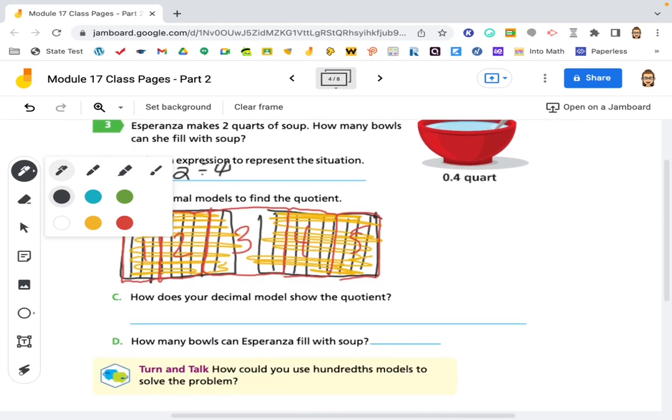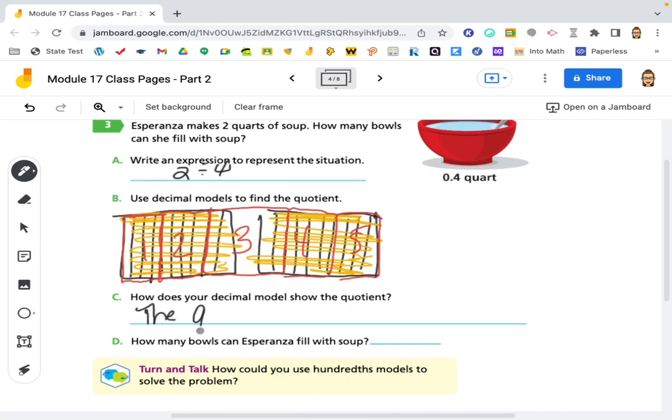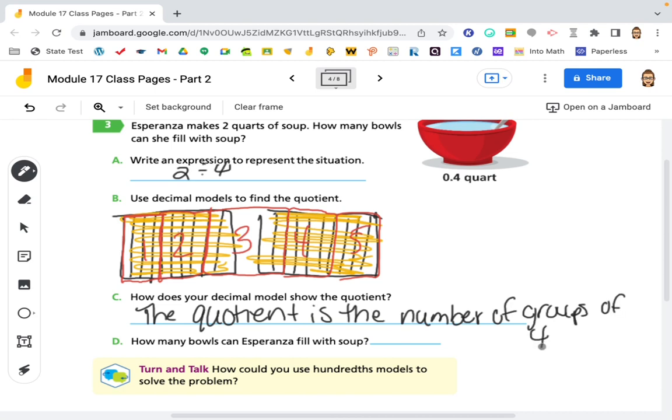So how does the decimal model show the quotient? Well, the quotient is the number of groups of 4/10. So how many bowls can Esperanza fill with soup? 5 bowls.